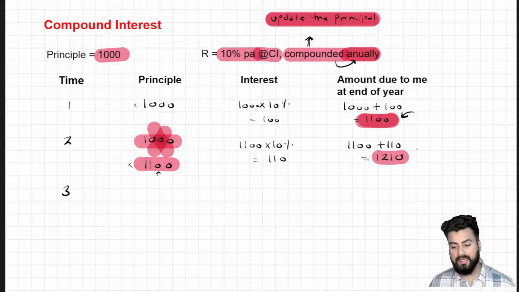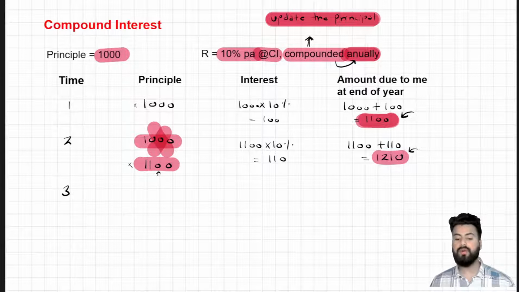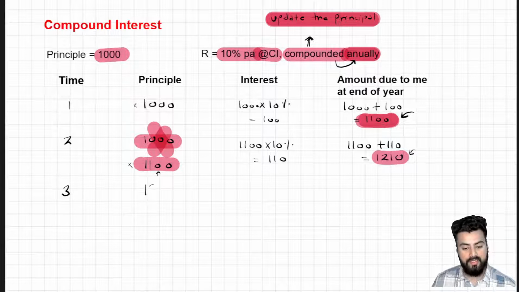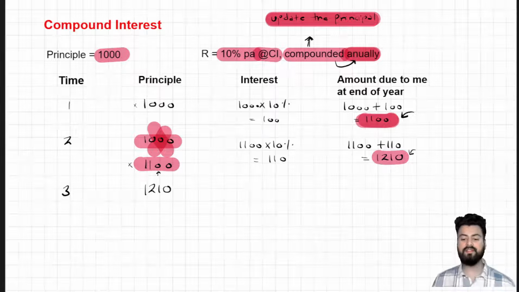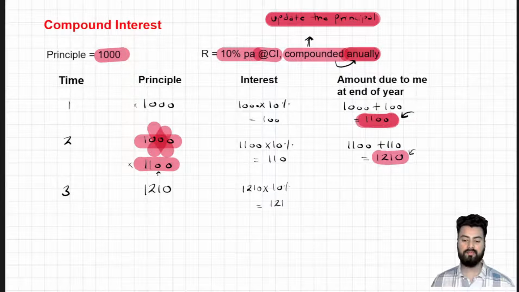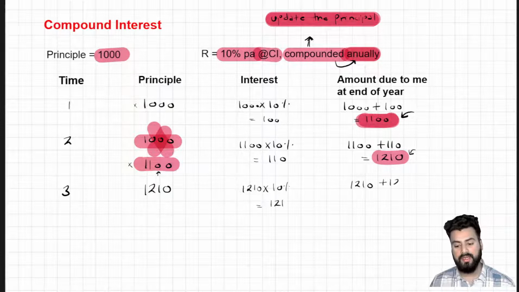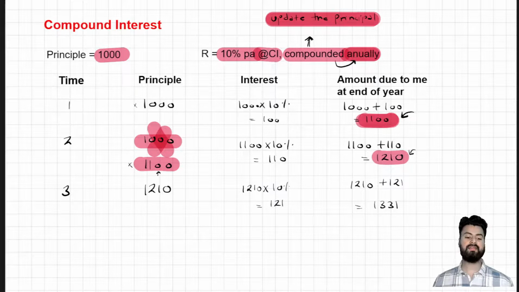So after one more year, the amount changes to 1210, and therefore the principal in the third year is going to be 1210. And again, to calculate interest, I'll calculate 10% of 1210, which is nothing but 121. So what will be the amount due to me at the end of the third year? Very easy. Principal is 1210. Simply add 121 and you will get 1331.